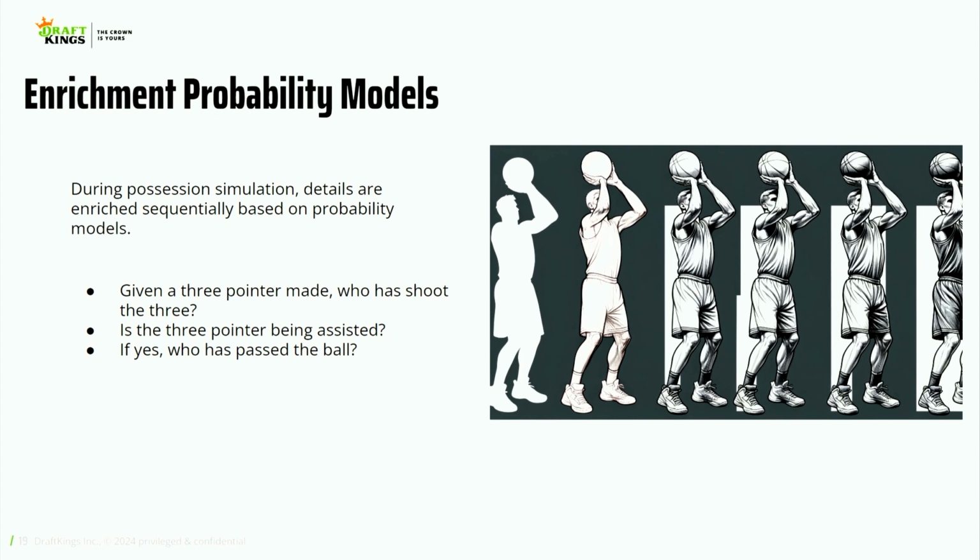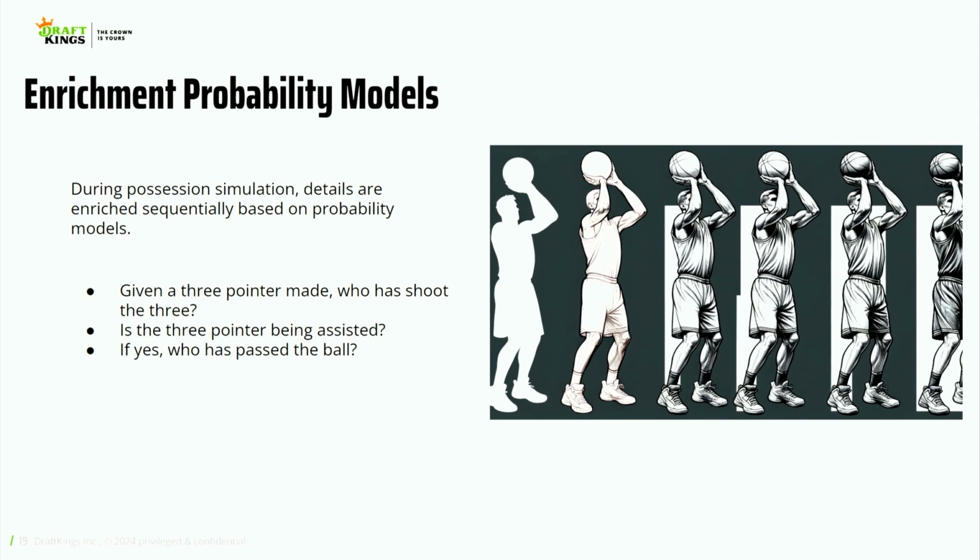Imagine if you want to draw a picture of a man shooting a three-pointer, you will first do a sketch and gradually add more and more details to the picture. It is the same for our own sport engine. We have a sequence of different models which gradually add more and more details to one possession.